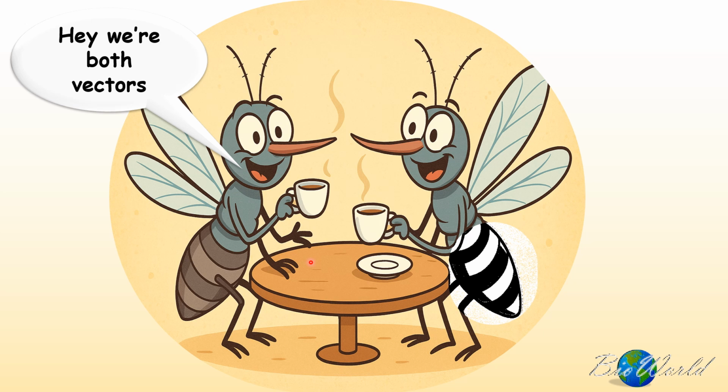Now let's sum up what we have learned so far. Both dengue and malaria are vector-borne diseases, whereby they are transmitted by mosquitoes. But the difference is that in malaria, the mosquito is from the genus Anopheles, whereas in the case of dengue, the mosquito is from the genus Aedes.